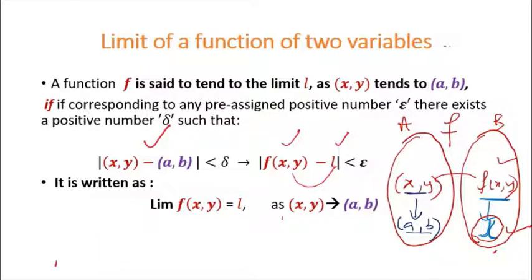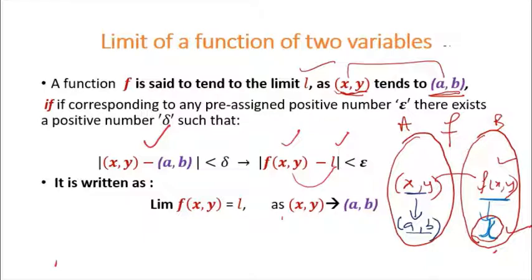Now let us look at the words written in the definition. A function f is said to tend to the limit L as xy tends to ab. What do you mean by xy tends to ab? In the domain, the point xy is a variable, so it keeps on changing its value.